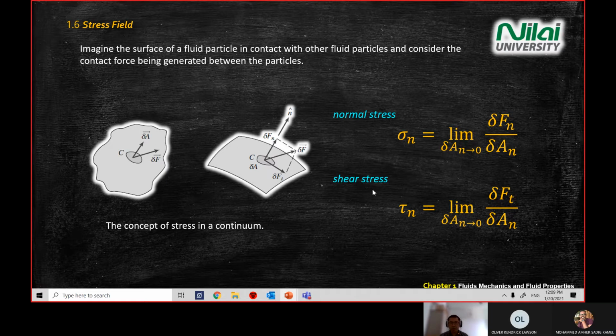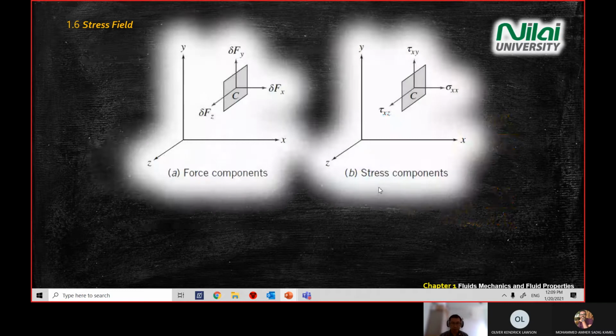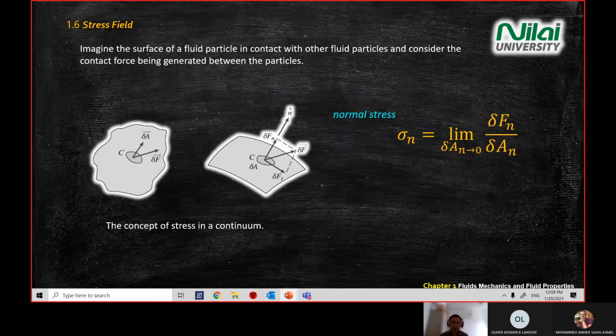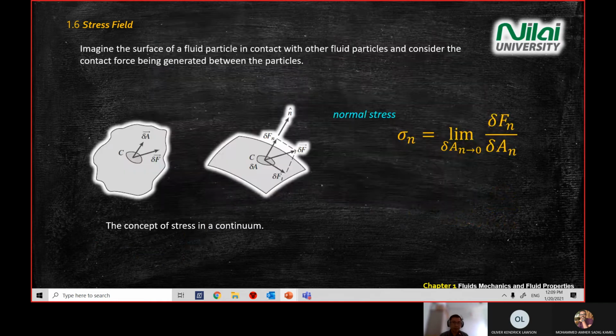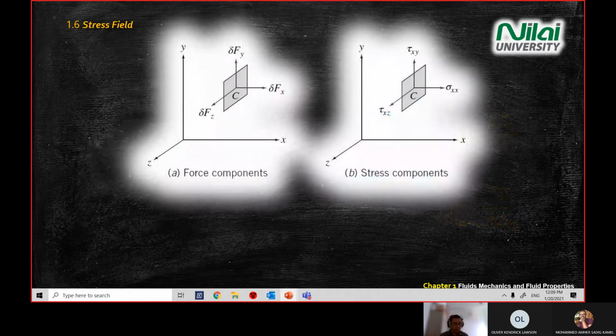Again, these two are very important equations for this module. Okay, so yesterday we stopped here. Now we move forward.